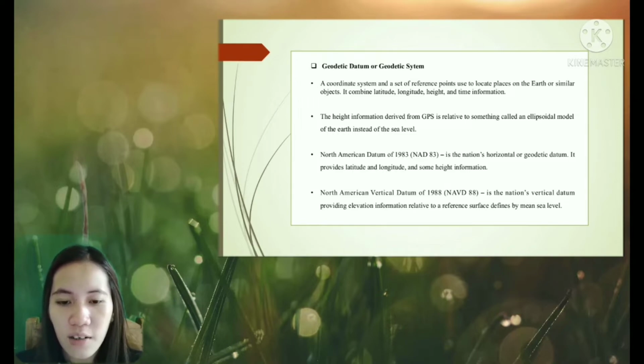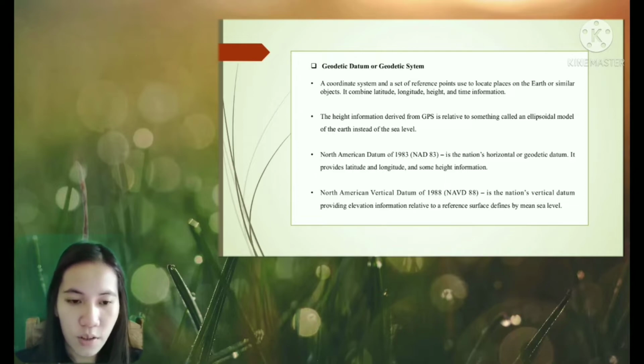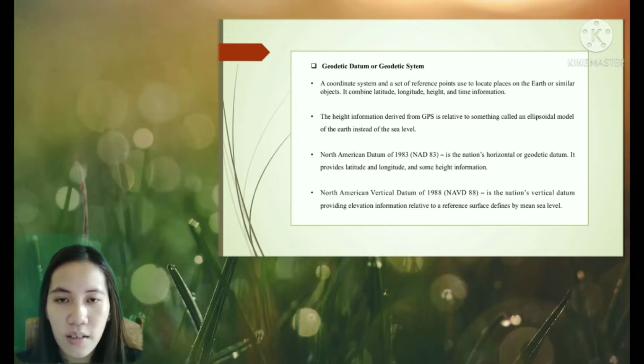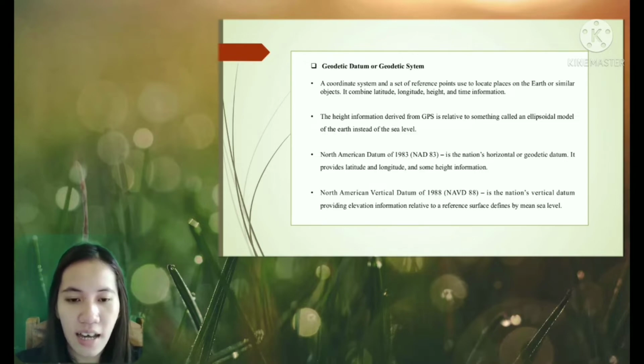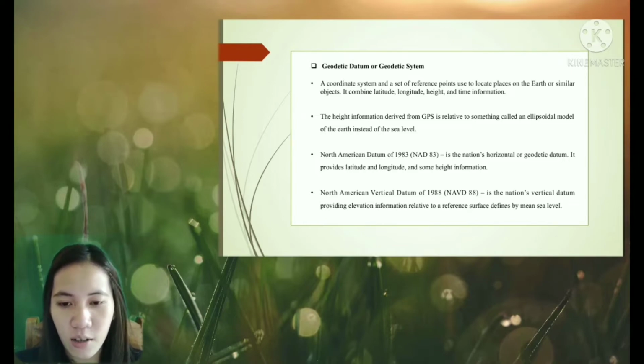So these are the commonly used geodetic datums or reference systems. First, the North American Datum of 1983 or NAD 83, is the nation's horizontal or geodetic datum. It provides latitude and longitude and some height information.